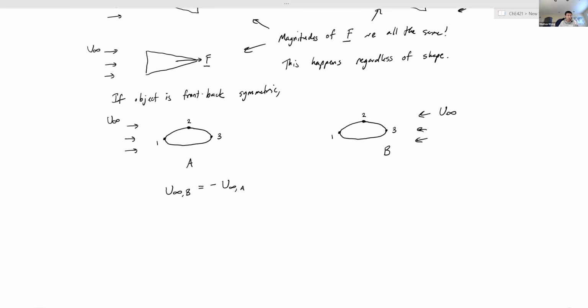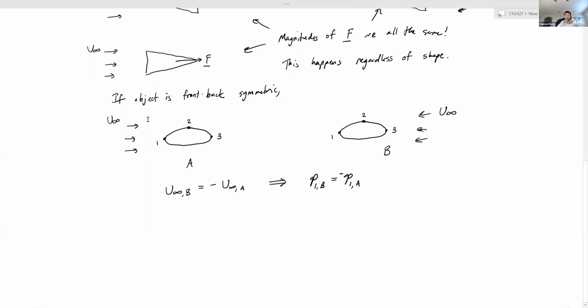Okay. So what that suggests is that the pressure at point 1 in B is also going to be exactly the opposite of the pressure at point 1 in scenario A, right?